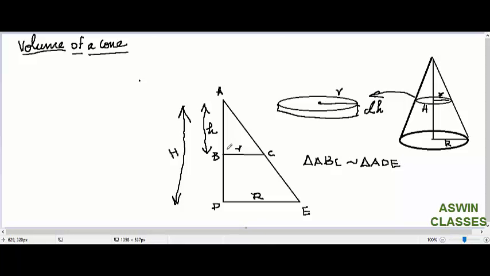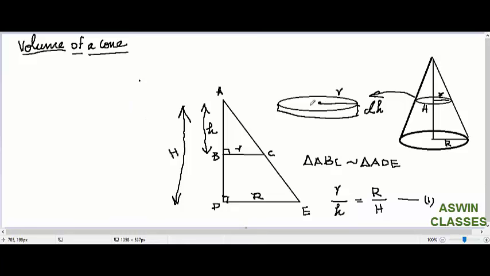See, these two angles are 90, and this one is parallel to this one, so these two triangles are similar. So you can write r by h is equal to capital R divided by capital H. Just remember this equation. Name it as equation number 1.